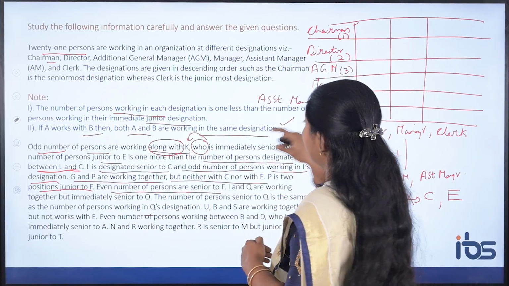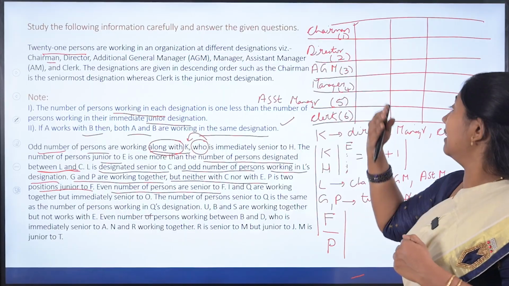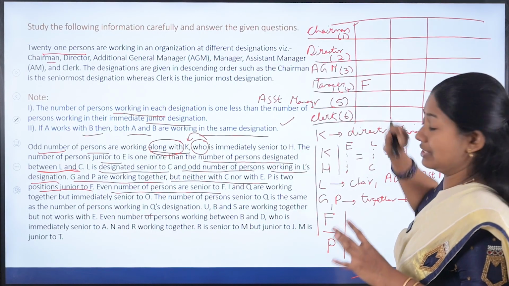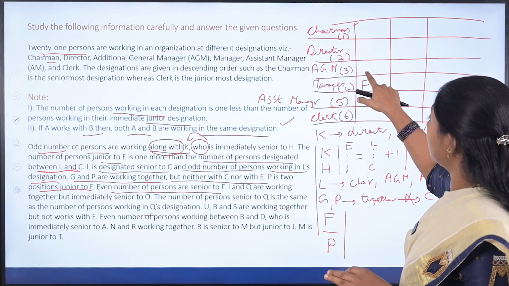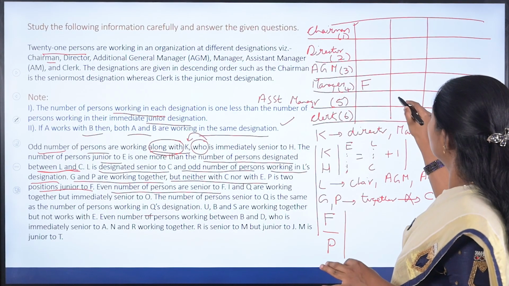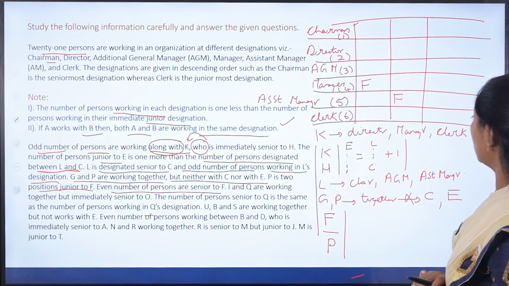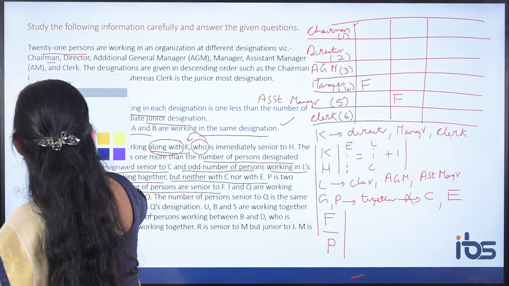So where else can F come? Let us check. Even number of persons are senior to F. If F comes here, 5, 6, okay. If F comes here, 7, then you have 7, 8, 9, 10. So F can come here also, because you have many persons, you have to leave space also while drawing.